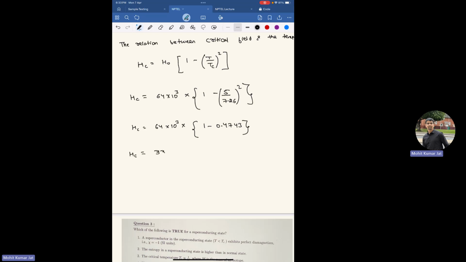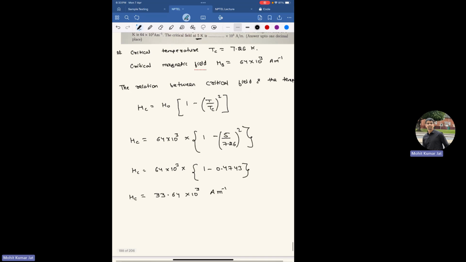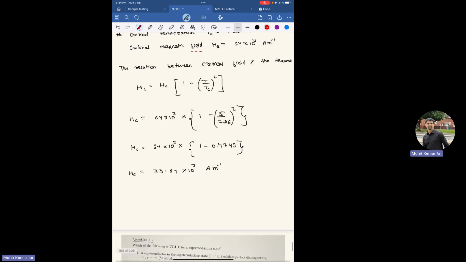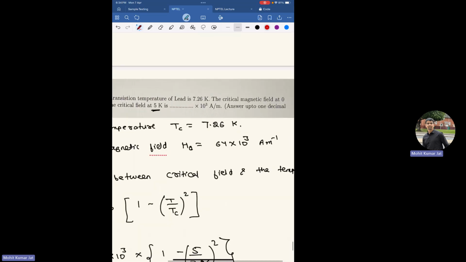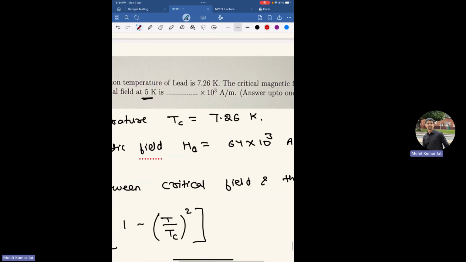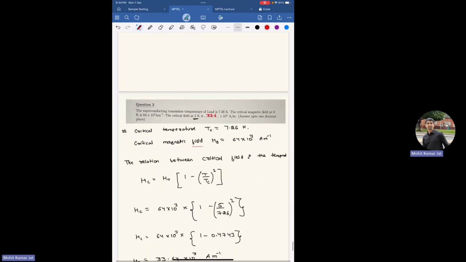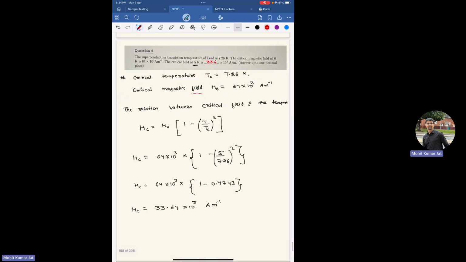So the critical field at this given temperature will be 33.64 into 10 power 3 ampere meter inverse. So the answer which goes here is 33.64. They are asking up to one decimal, so 33.6 is the correct answer for this problem. So this is question number 2. If you have any doubt or question, you can ask me in the class or in the comment box. I'll be happy to address it.